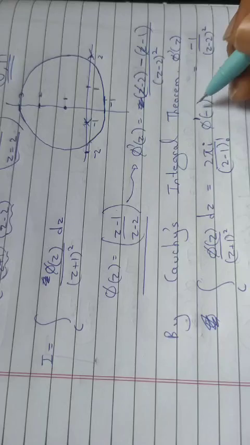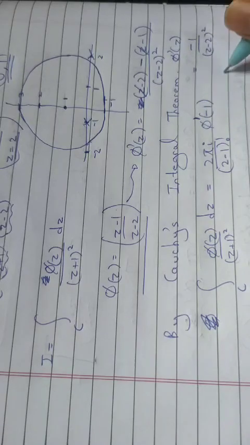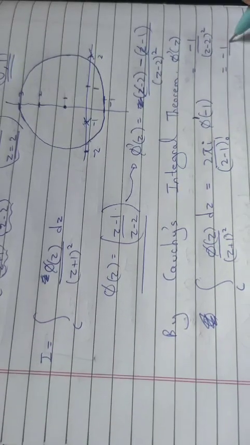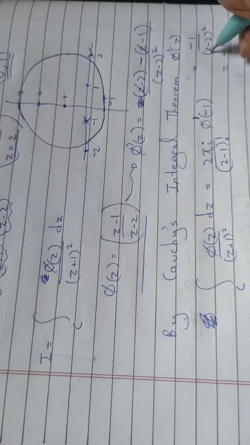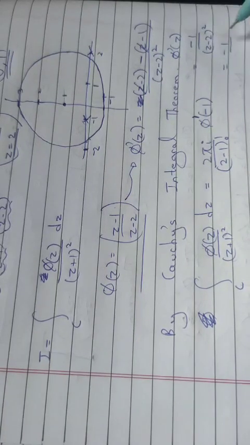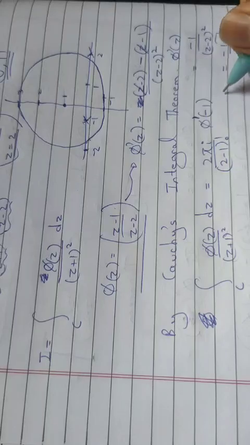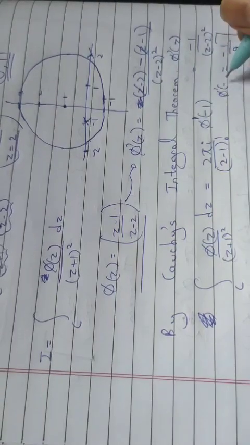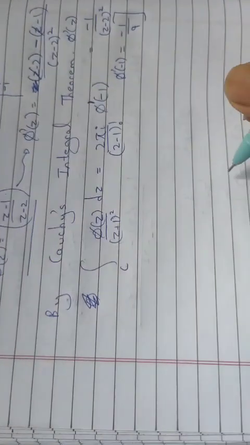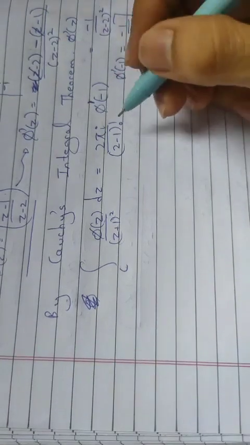Now we need to put minus 1 in it. So we get minus 2 minus 1, minus 3, minus 3 whole square is 9. So basically our phi dash of minus 1 value is minus 1 by 9.